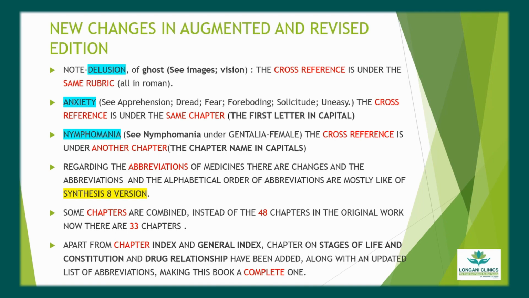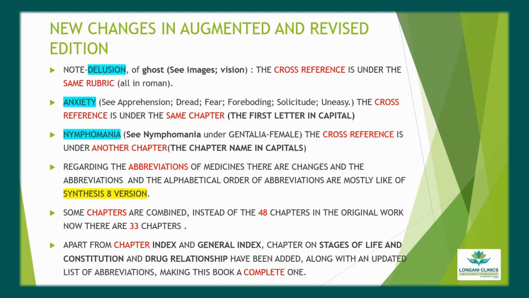Regarding the abbreviations of medicines, there are changes, and the abbreviations and their alphabetical order are mostly like those of Synthesis 8 version. Some chapters are combined. Instead of 48 chapters in the original work, now there are 33 chapters.